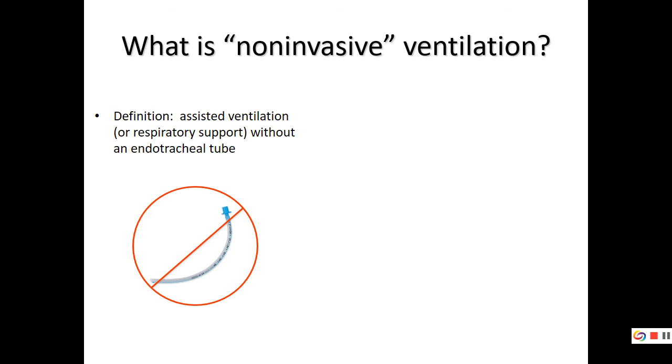All right, so we talked a little bit about mechanical ventilation, but what we really do the majority of the time now in the NICU is non-invasive ventilation, meaning ventilation without an endotracheal tube. So that's how I define non-invasive ventilation: assisted ventilation or respiratory support without an endotracheal tube. We do this all the time. It's rare that we have 10 kids on ventilators.